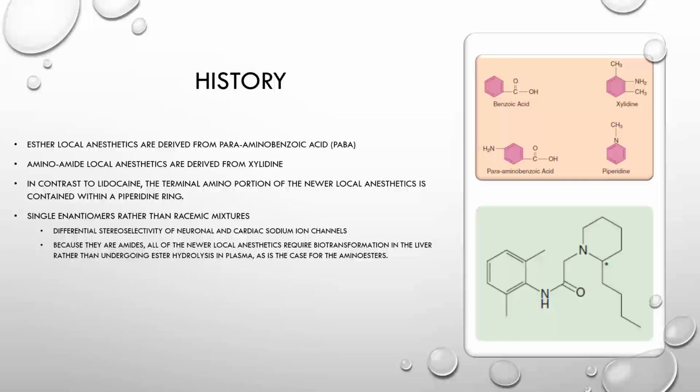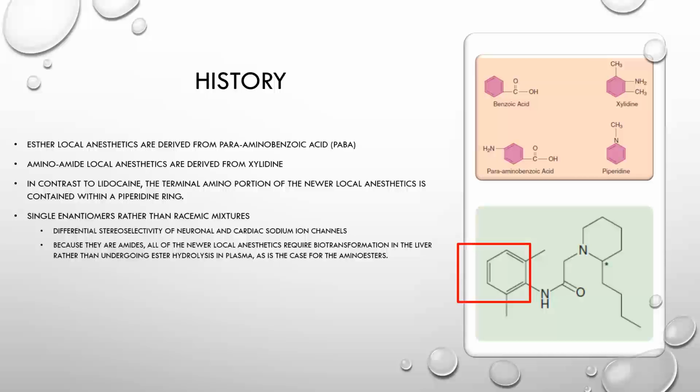The differential stereoselectivity of the neuronal and cardiac sodium ion channels can reduce the potential for cardiac toxicity. And because they're amides, all of the newer local anesthetics require biotransformation in the liver rather than undergoing ester hydrolysis in plasma, as is the case for the amino esters.